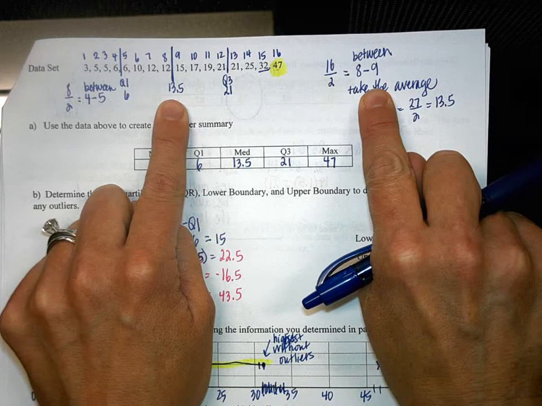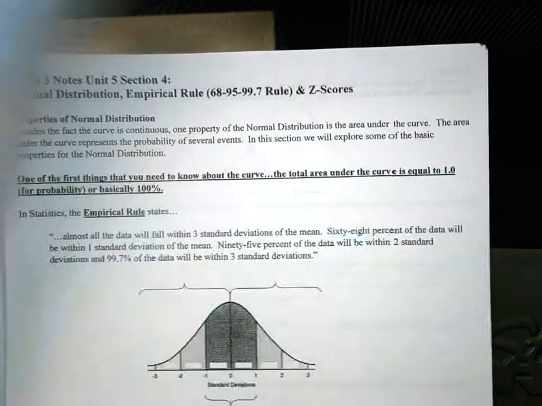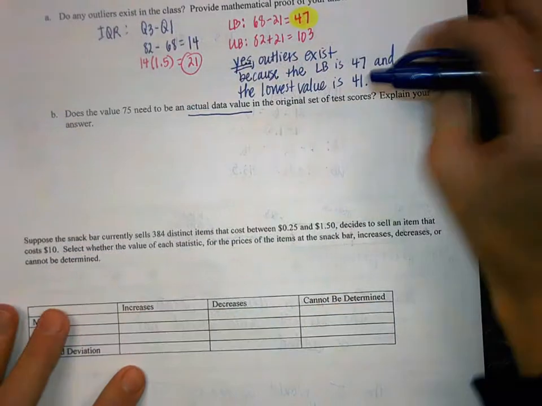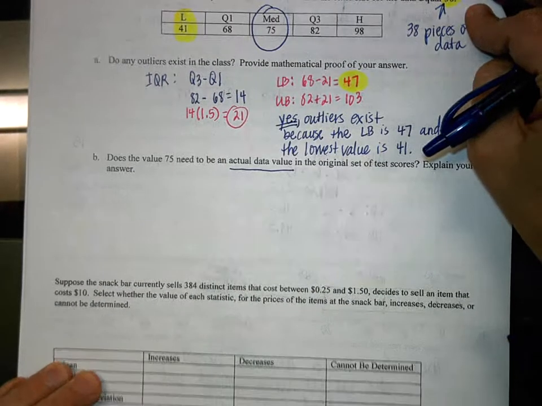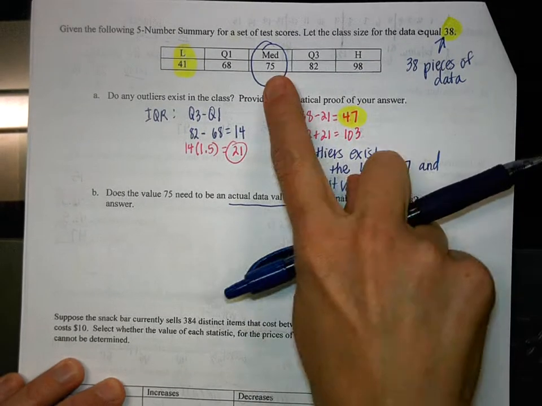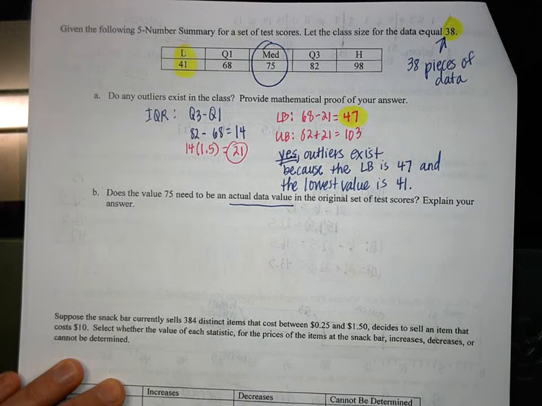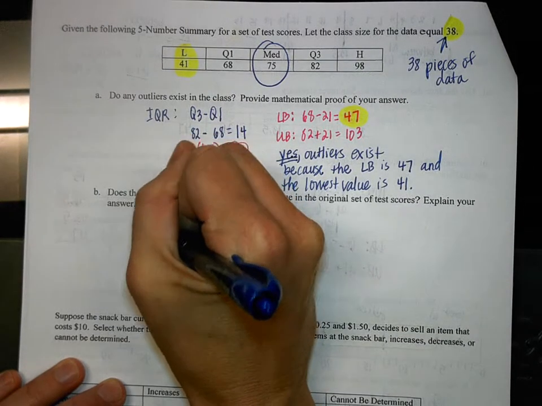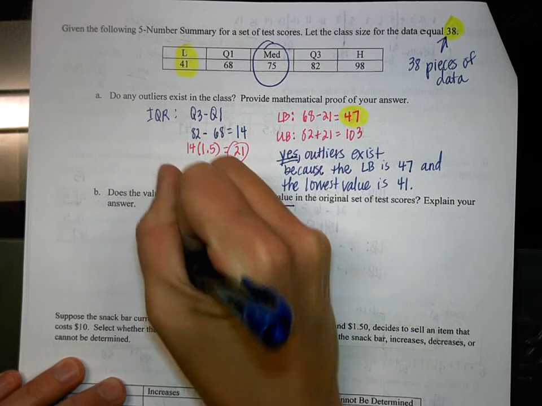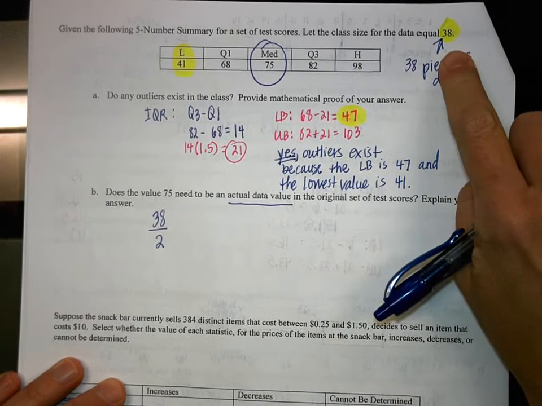So, what will we do here in order to figure out if the median is in my actual data set? You would take 38 and divide it by 2. And I got 38 because that's how many pieces of data I have, correct?